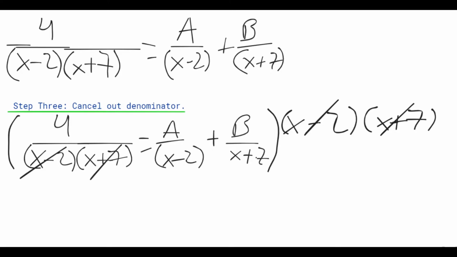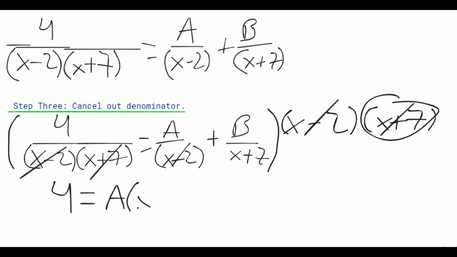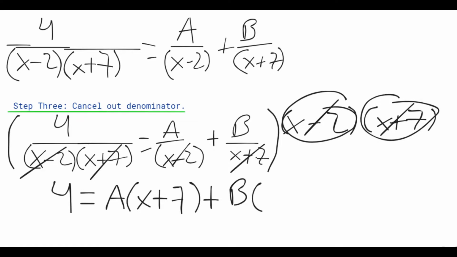So we're left with 4 is equal to, when we multiply (x minus 2)(x plus 7) divided by x minus 2, the x minus 2 cancels, but we do have this term, so we have a times (x plus 7), and then plus b, and then the x plus 7 cancels, but the x minus 2 survives, so we're left with x minus 2.